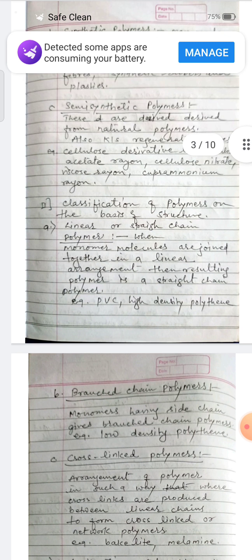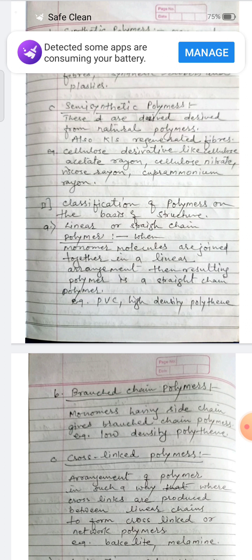Linear or straight chain polymers means when monomer molecules are joined together in a linear arrangement, then the resulting polymer is a straight chain polymer. For example, PVC, high density polythene, etc.